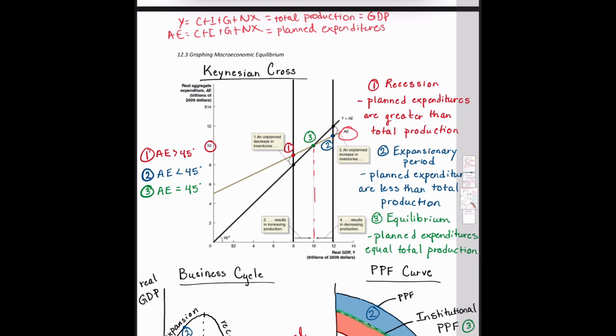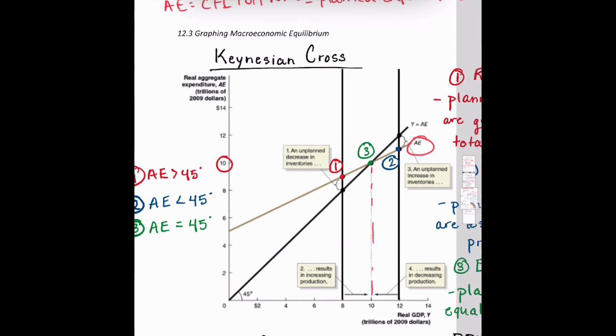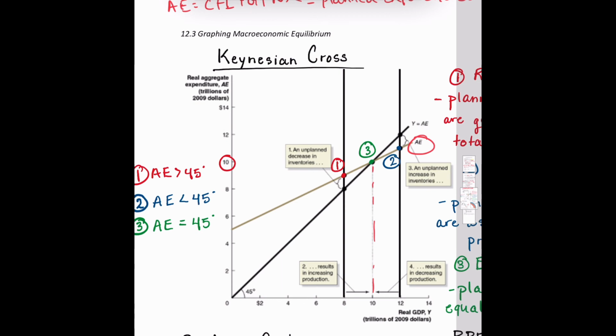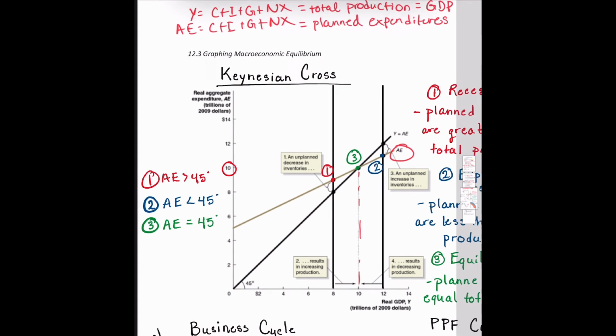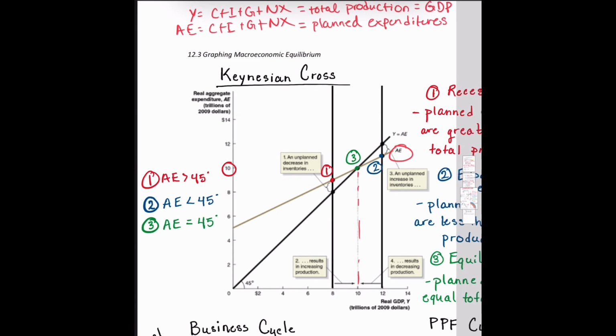Okay, so what happens when we are not at the point where AE equals GDP? What happens if we are at point 1? There's been an unplanned decrease in inventories. So now if we're at point 1, what do we see happening? We are at a point where aggregate expenditure is greater than our 45-degree line.